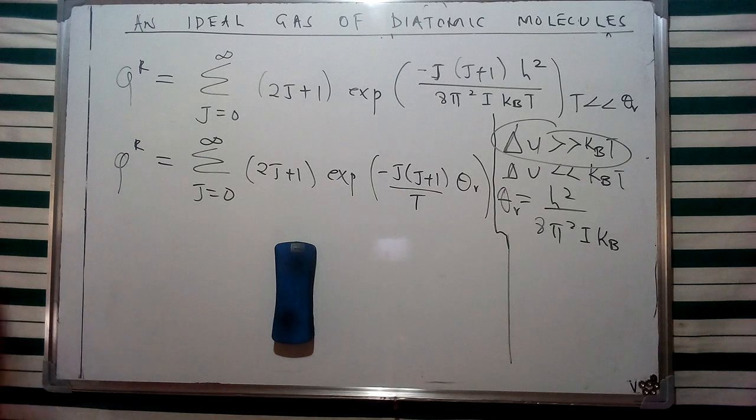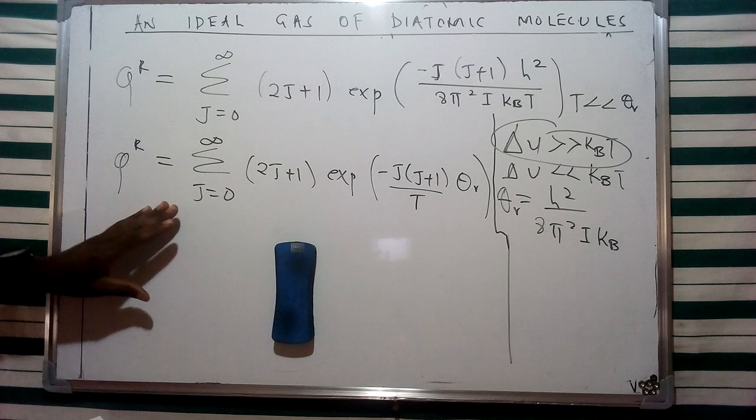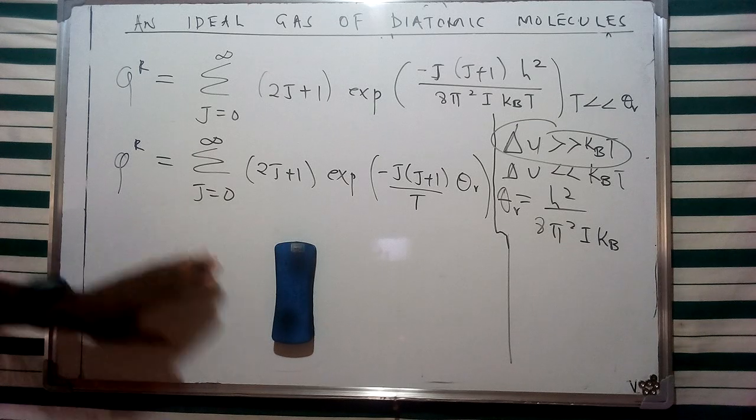Now for these two states, the quantized and the classical behavior, we're going to find a way of trying to replace this summation sign by introducing an integration substitution and see what is going to happen.